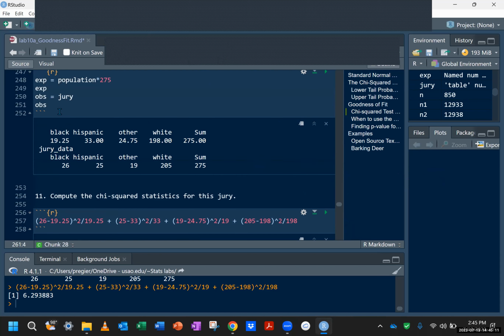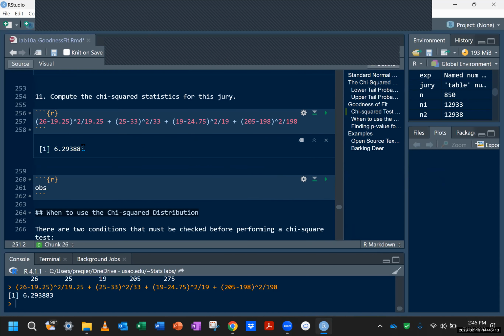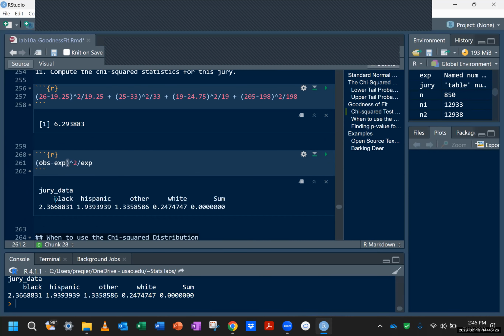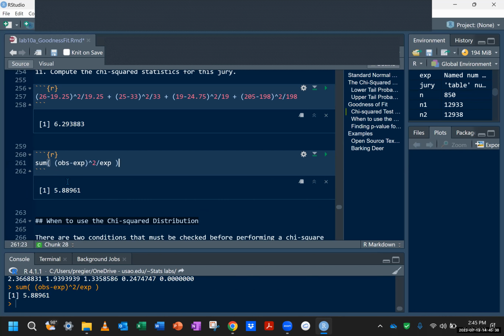If you have it all saved like this, we can say observed minus expected, square it and divide by expected. This is optional, but this tells us the difference squared divided by the expected for all the categories. And then if we sum them up, this will be identical to what we just found, if I did it right.